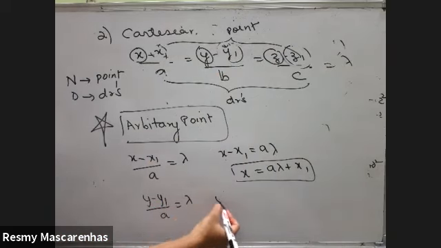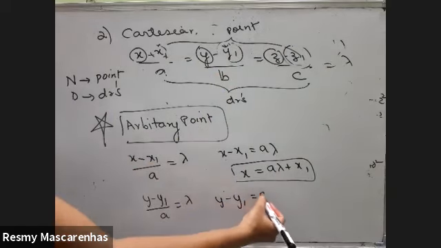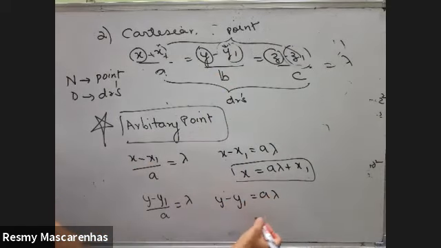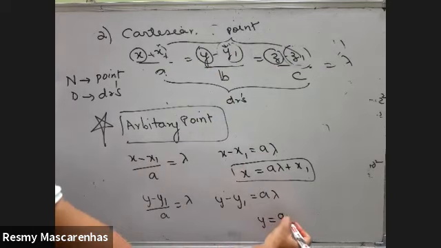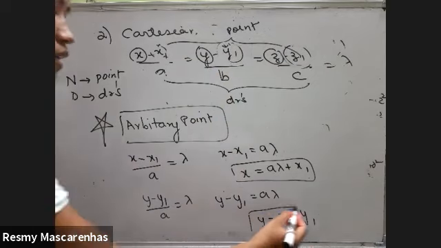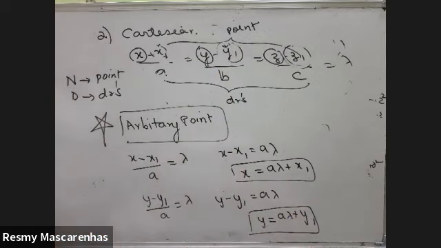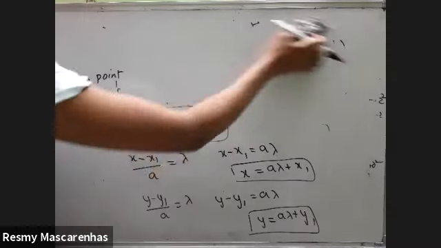So y minus y1 will be a lambda, so the value of y is a lambda plus y1. In the same way, z also you have to find. So you got the value of x, y, and z. That is called the arbitrary point. Put it together in coordinate form. I've given it in that note. What is the arbitrary point?